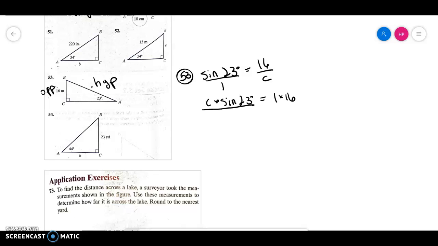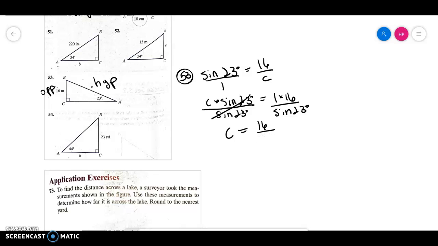To solve for C, because it's now multiplied by the sine of 23, I have to divide both sides by the sine of 23 degrees. So C is actually, as that cancels out, 16 divided by the sine of 23.